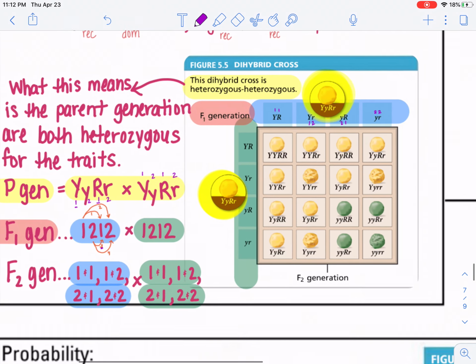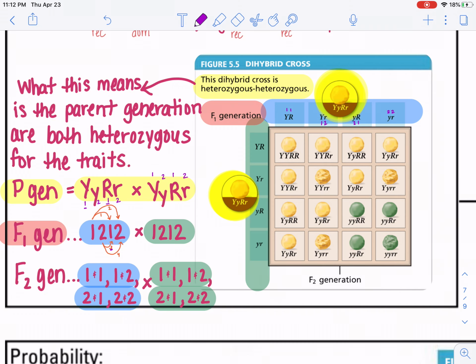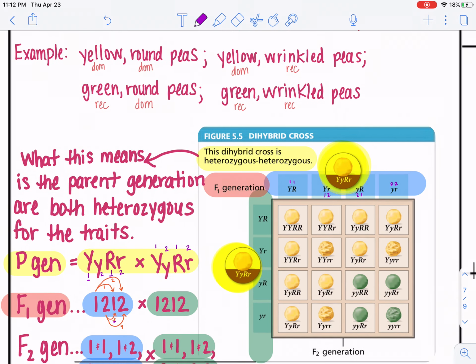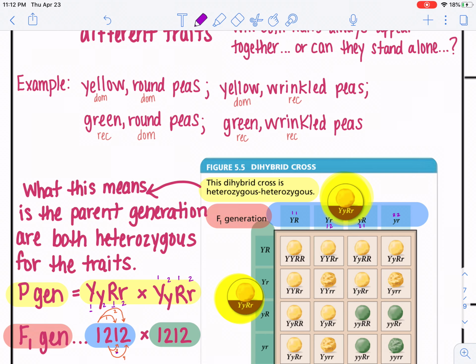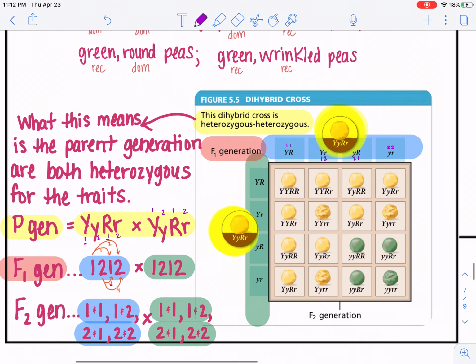When we're doing our genotypic or phenotypic ratio, I'm going to go back up to where I have my example. I'm looking for how many yellow round peas I have. Yellow round, I have to have a big Y and I have to have a big R anywhere within the combination. So big Y, big R, big Y, big R, and so on, skipping the ones that are not there.